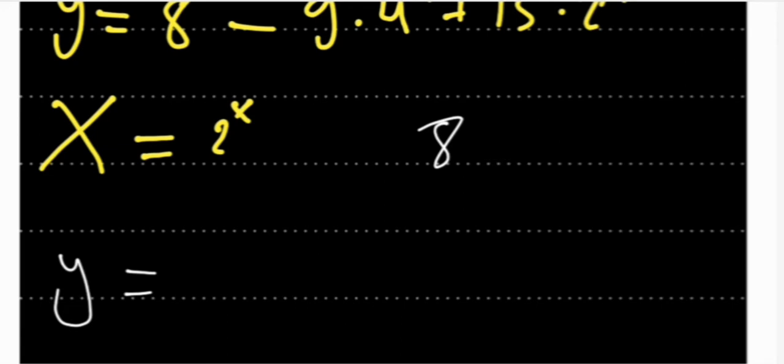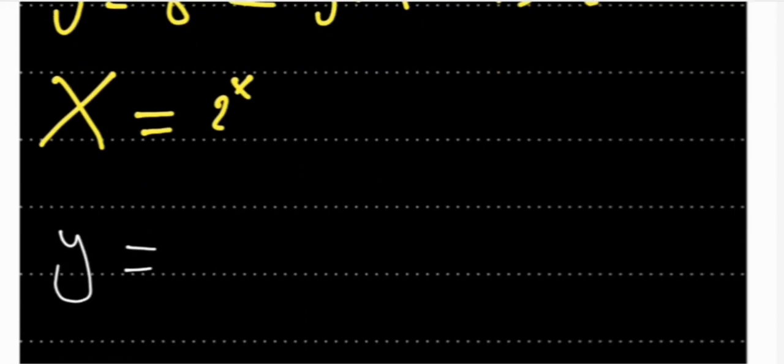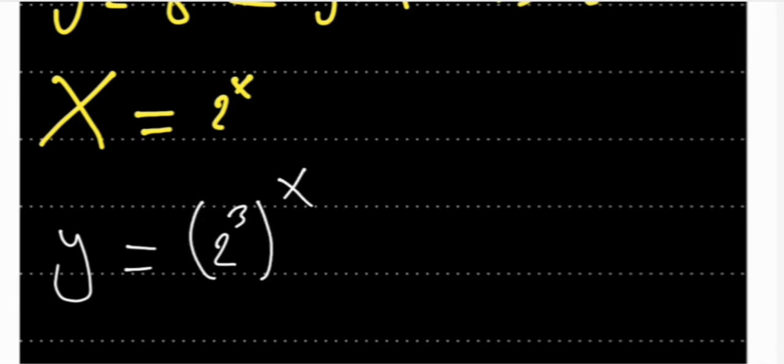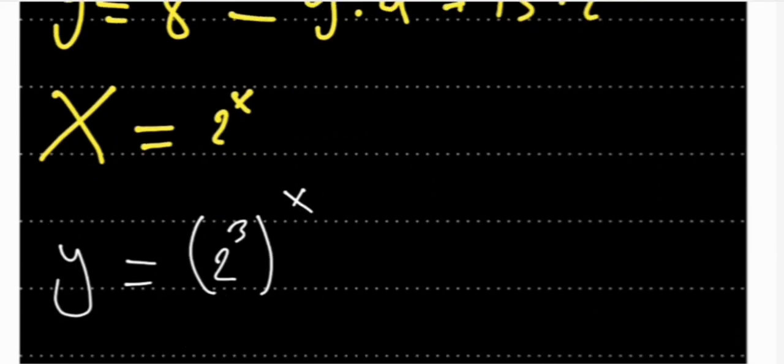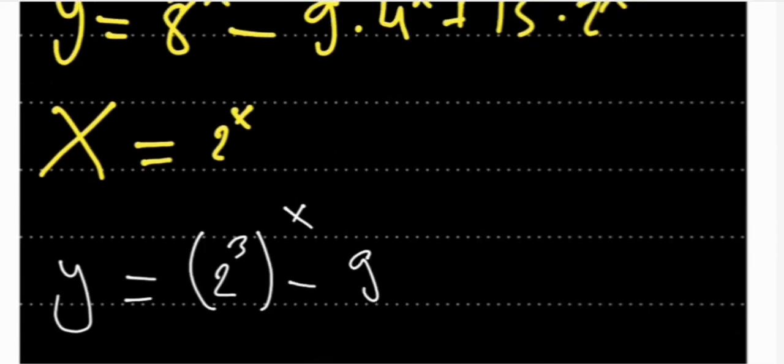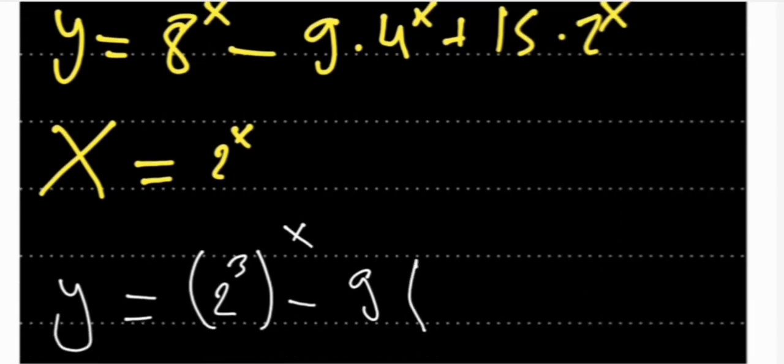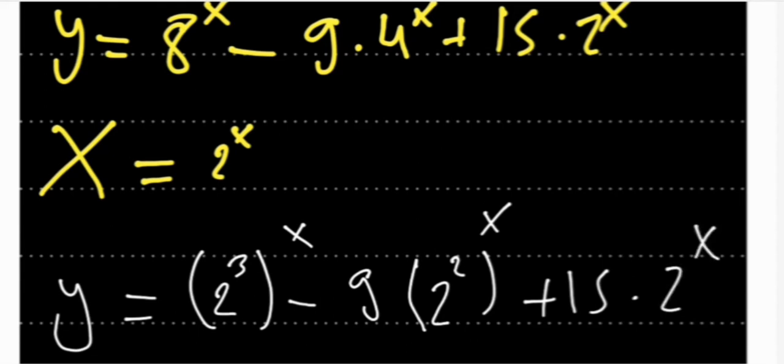So 2 to the 3 power to the small x, right? Okay, so minus 9 multiplied by 4, which is 2 to the 2 power to the x, right? Plus 15 multiplied by 2 to the x power.